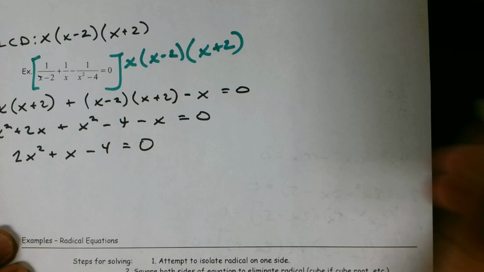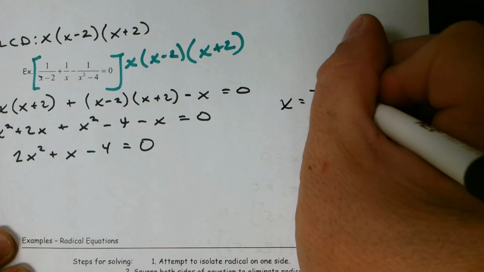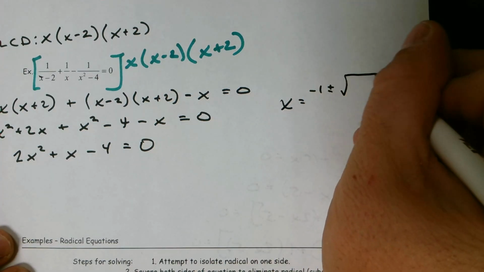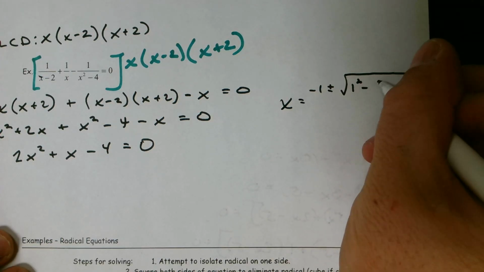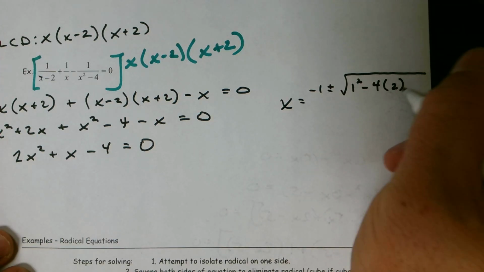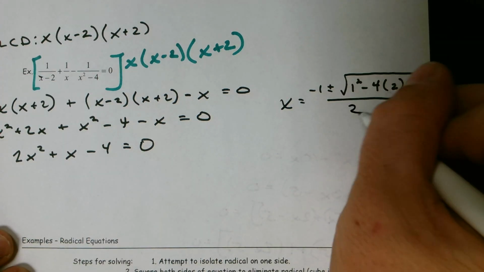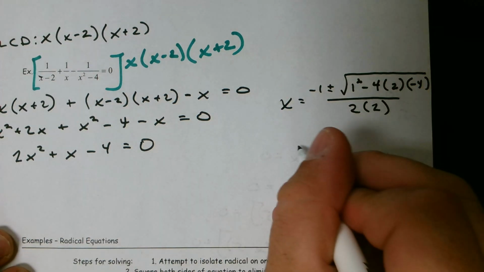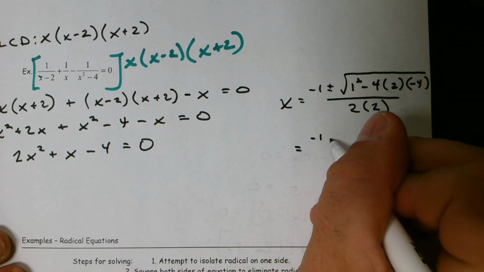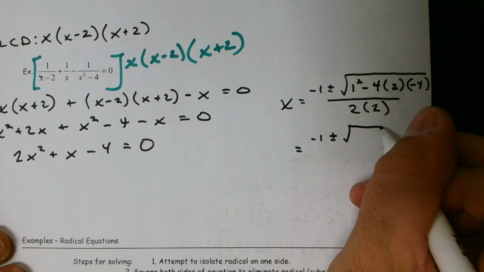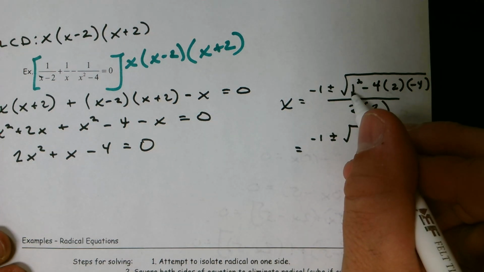So let's slide over here and say x equals negative b plus or minus the square root of b squared minus 4ac, all over 2a. If I do some simplification, I get negative 1 plus or minus the square root of 1.